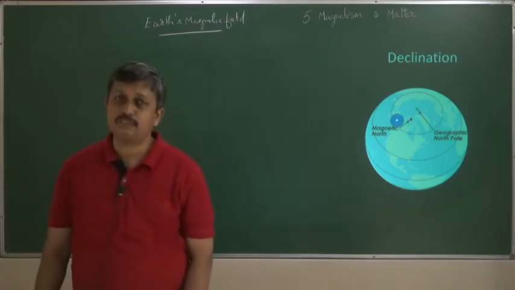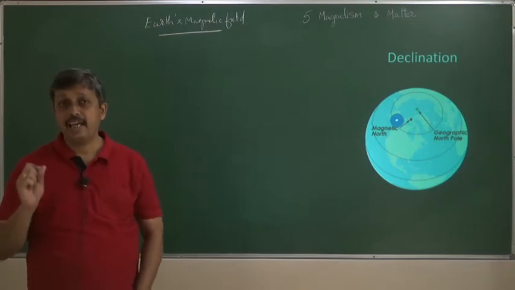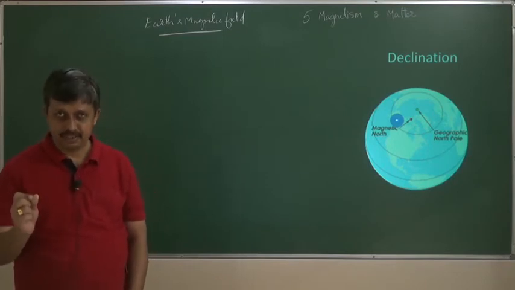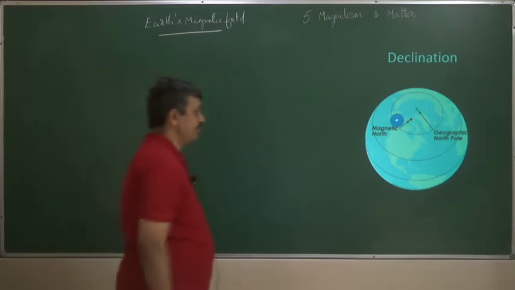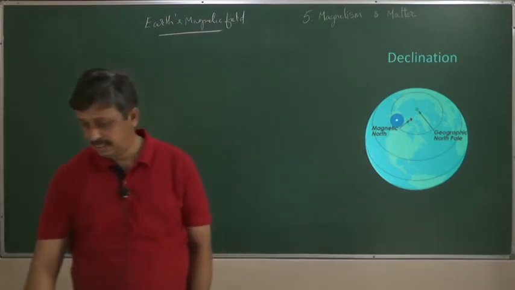So what will I do? I first draw one circle. I will draw a geographic meridian passing through this point. I'll cut it correctly like this.